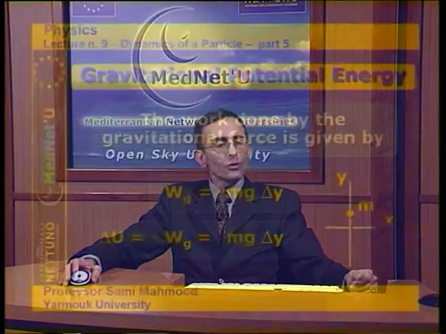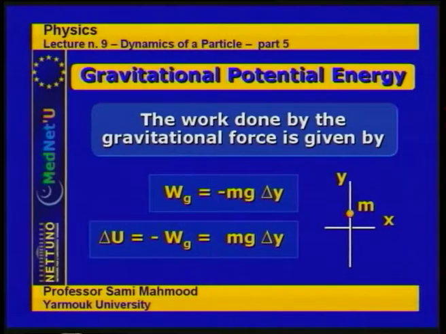So let's go to the formula. Wg, the work done by gravity, is equal to minus mg delta y. If delta y is positive, g is positive, it's the magnitude of gravitational acceleration, and m is positive, then the sign of the right-hand side is negative, because we have a negative sign multiplied by everything that is positive.